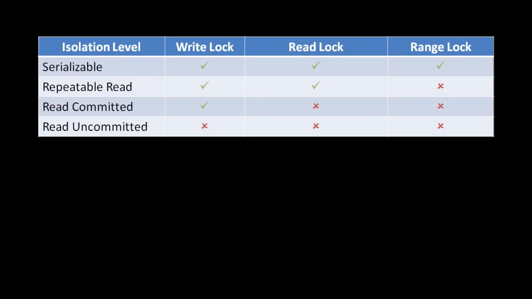So these locks are not necessarily like going into a room and locking the door so no one else can go in. It's more like hanging an occupied sign on the outside so no one else tries to come in.